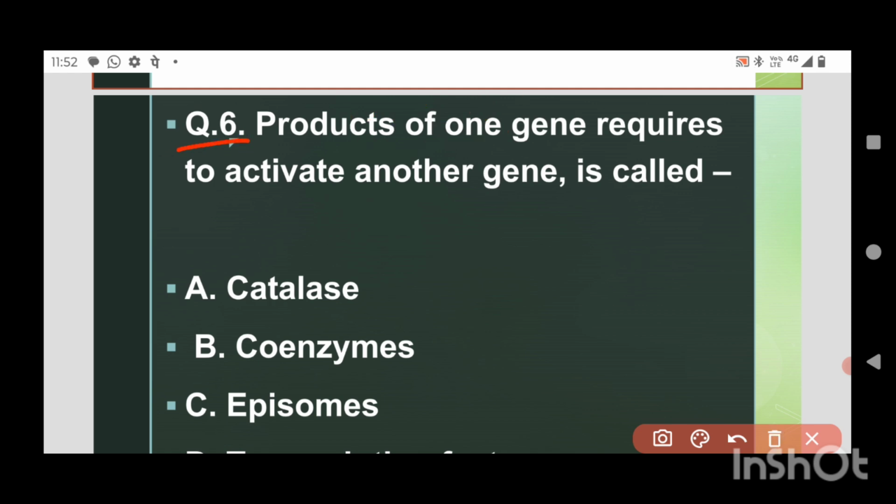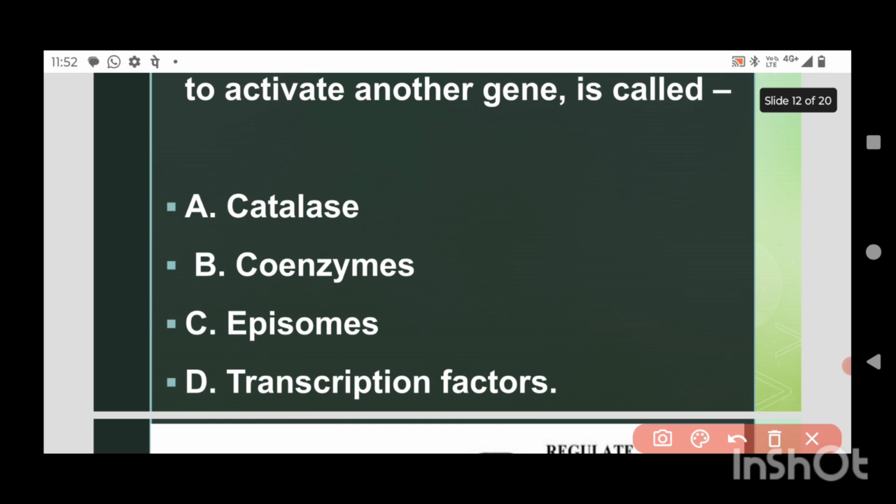Question number 6 says that the product of one gene required to activate another gene is called: option A, catalase, option B, coenzymes, option C, episomes, and option D, transcription factors. The right answer will be transcription factors, option D.